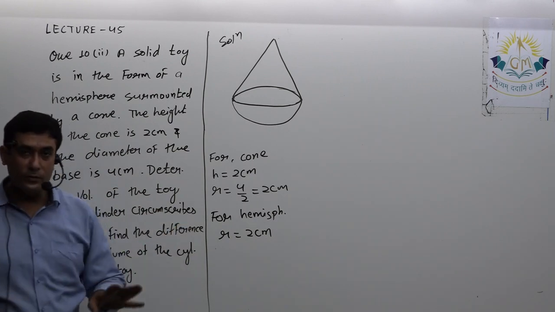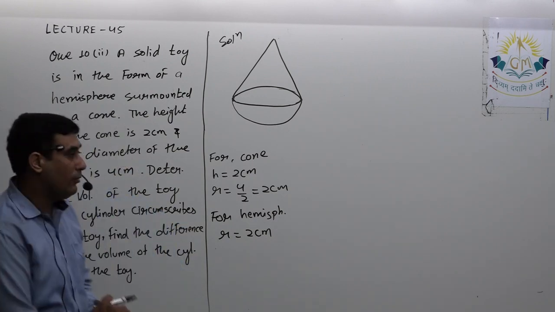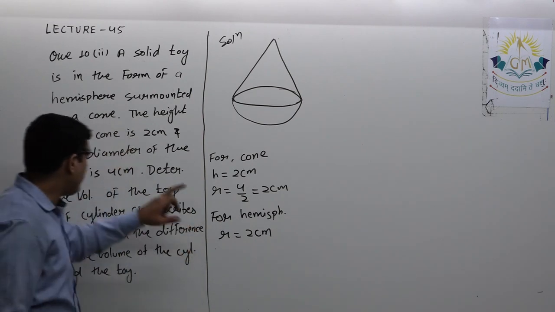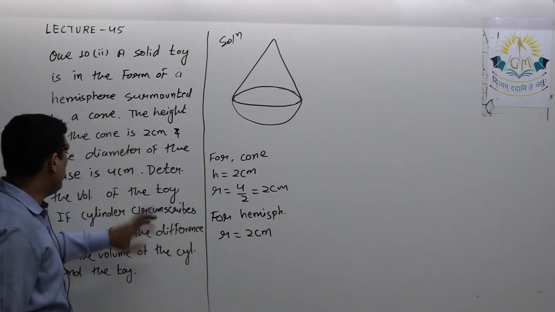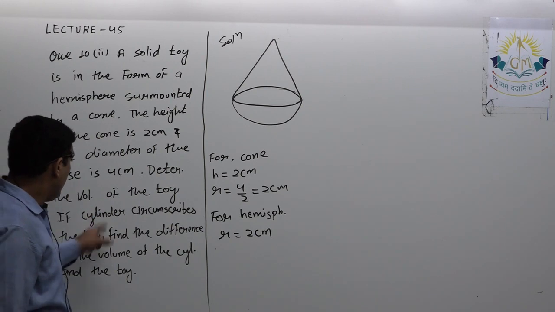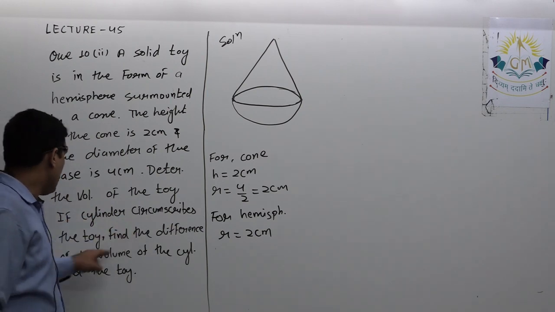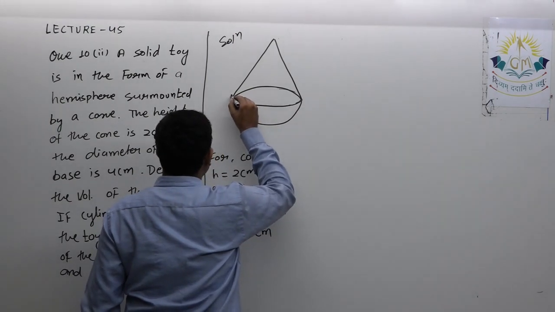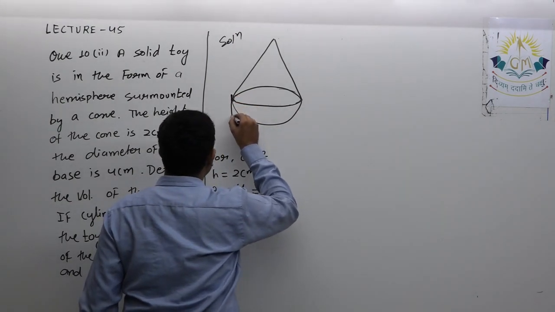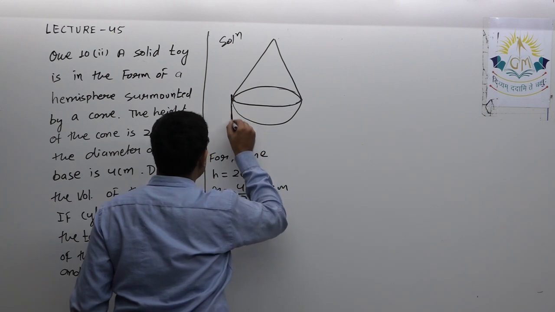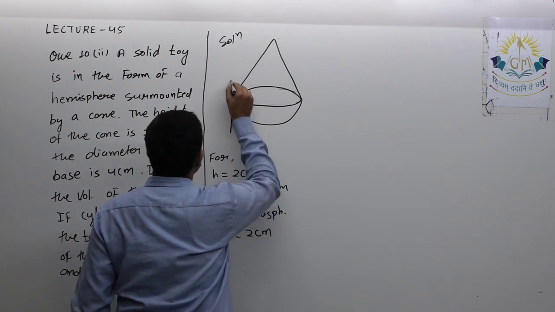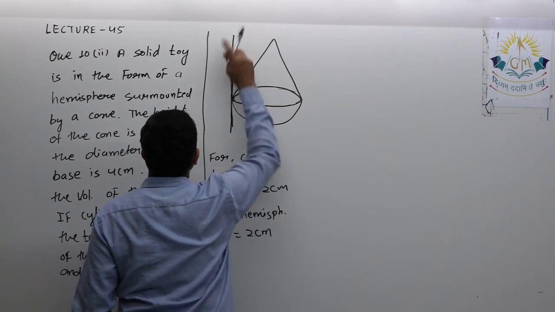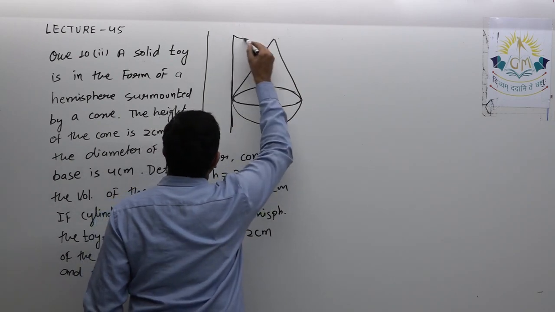So this is the first question in which we will actually calculate the volume. Till now we were calculating the surface area. Now further it is given that a cylinder circumscribes the toy. That means something like this.